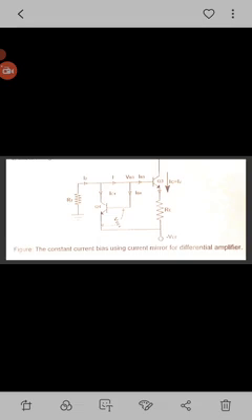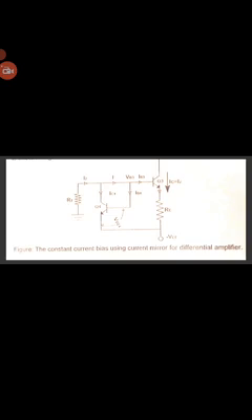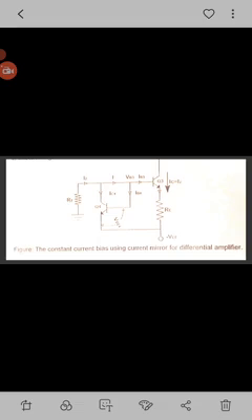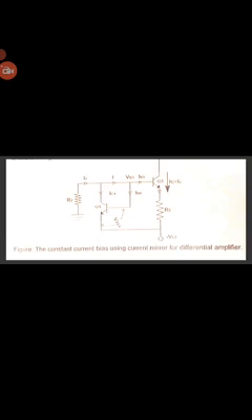The current mirror bias requires fewer components than the constant current bias circuit, therefore it is easy to fabricate and used widely for various applications.